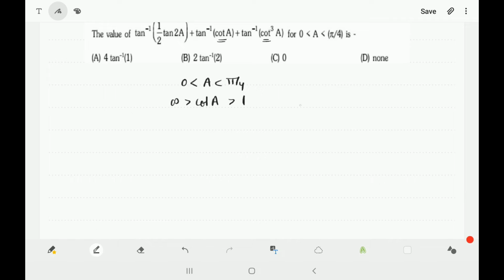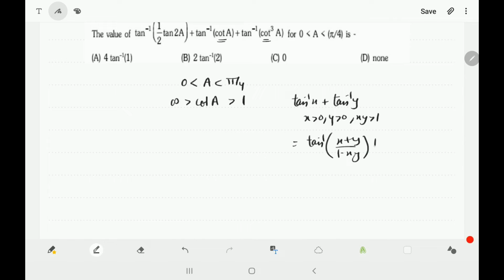Okay, so you remember that formula, tan inverse x plus tan inverse y. Let's write that down also. Tan inverse x plus tan inverse y, if x is positive, y is positive and xy is greater than 1, this will give us tan inverse of x plus y upon 1 minus xy, and you have to add pi in that.